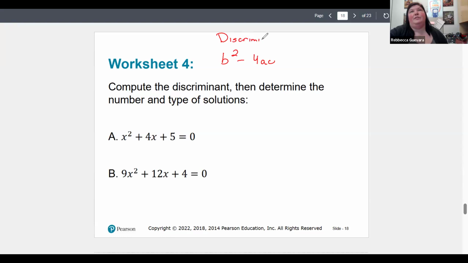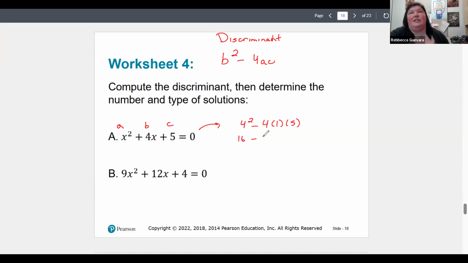So just remember, this is my discriminant. The discriminant is going to be b squared minus 4ac. So a, b, c. Here we'll have 4 squared minus 4 times 1 times 5, which is 16 minus 20, which is going to be minus 4.